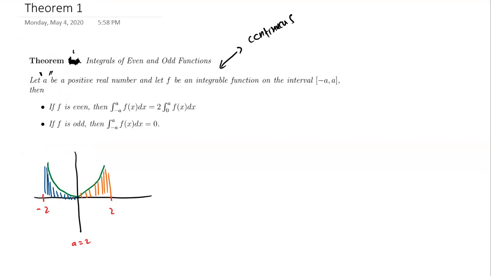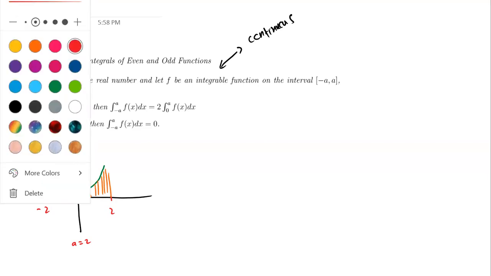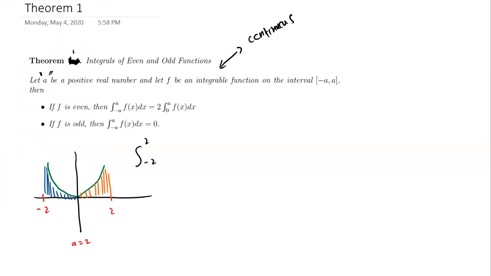Meaning that if we want to find the integral from negative 2 to 2 of x squared dx, well, you can see graphically that it's just twice the area bounded on the interval 0 to 2. So instead of finding the area to the left and to the right, you just find the area to the right of the y-axis and multiply by 2. Why? Because both areas are the same. And again, this works because it's an even function. It's symmetric about the y-axis.